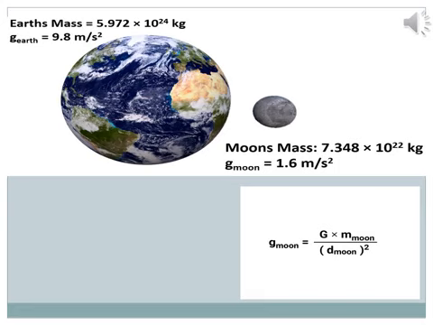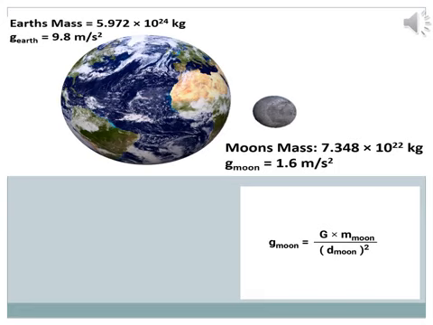Its approximate value is equal to 6.0 into 10 the power of 24 kg, and acceleration due to gravity on the surface of the earth is equal to 9.8 meter per second square, and mass of the moon is equal to 7.348 into 10 the power of 22 kg, and its approximate value is equal to 7.3 into 10 the power of 22 kg, and acceleration due to gravity on the surface of the moon is equal to 1.6 meter per second square. At least we have to remember the approximate values.